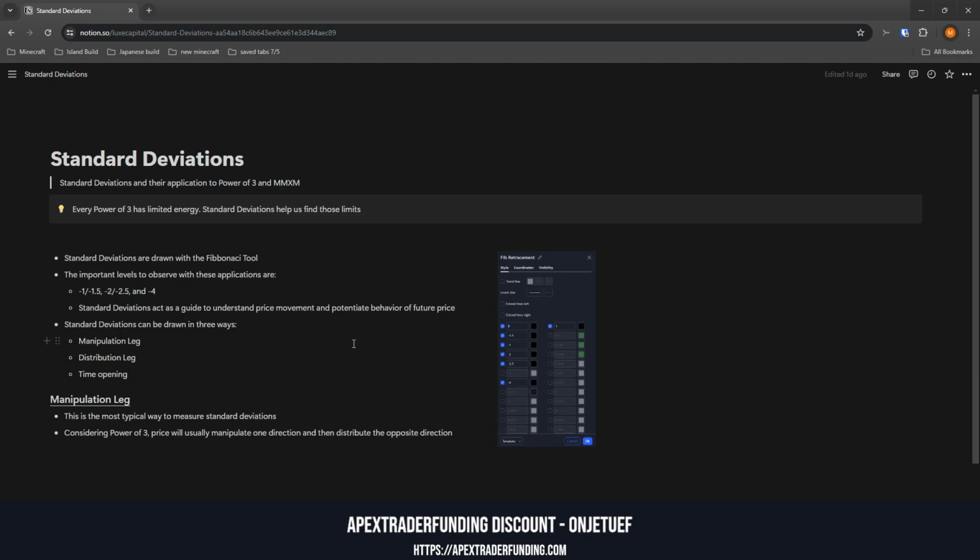I mean, they kind of do, but what you really want to look for is price action to the left that lines up with these standard deviation levels. You want to find PD arrays or old highs or lows that price would actually interact with inside of this guide.